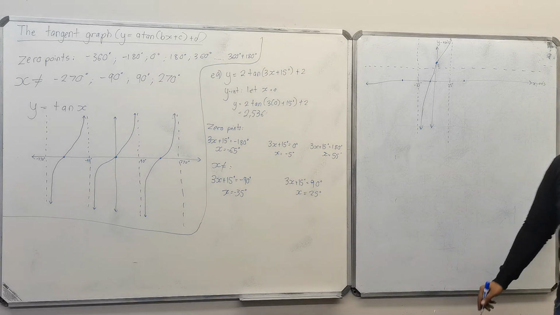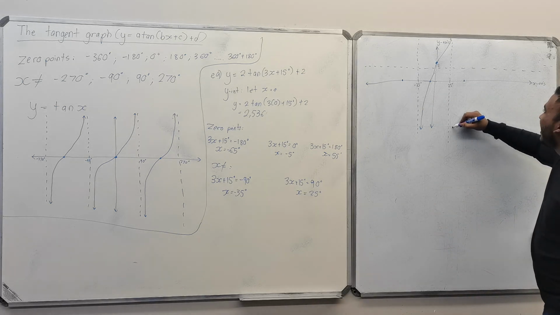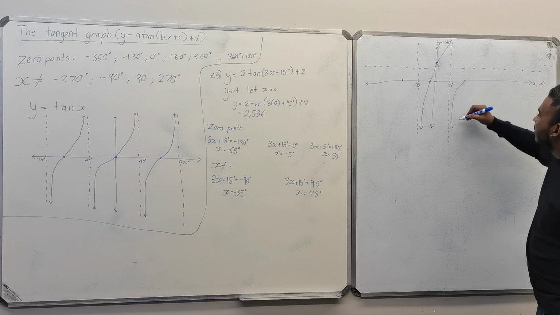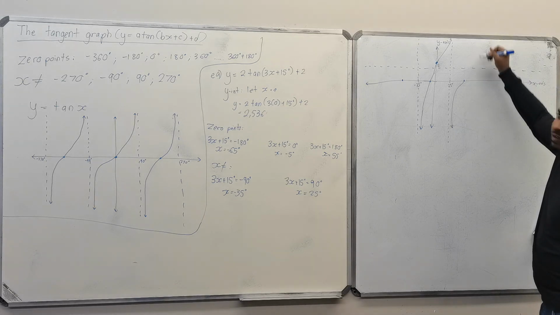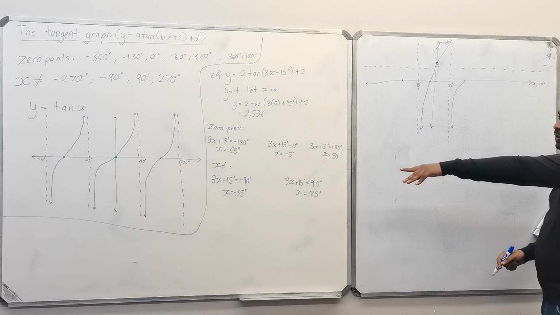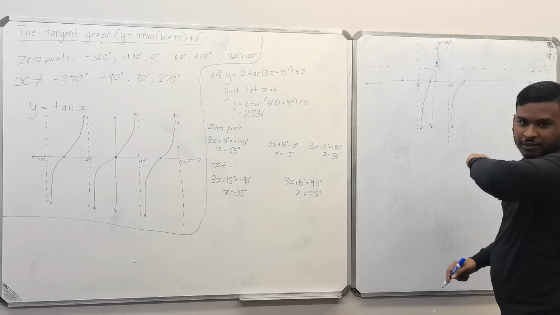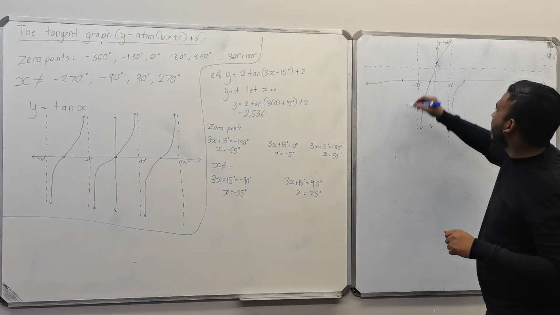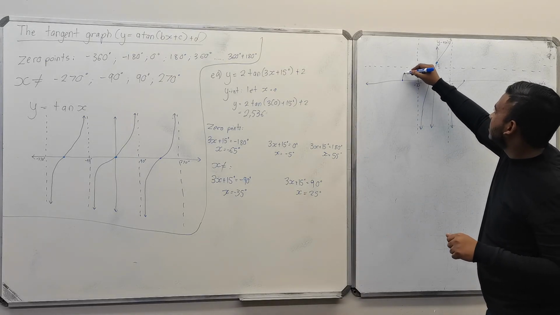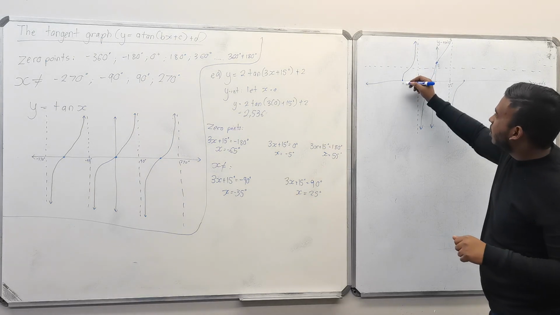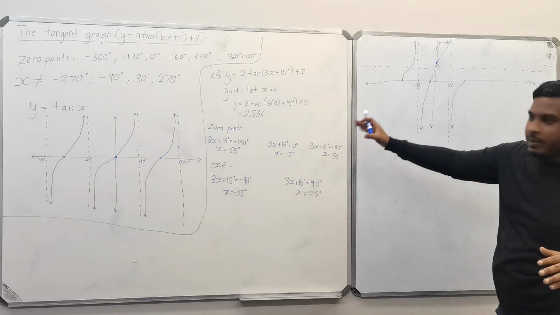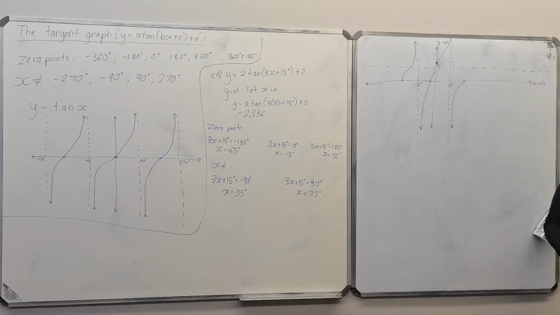That line there will obviously continue until you have another dotted line here. It would have been for when you were working out negative 270. And then this line here will continue here, if you worked out at negative 270, this would have been 270.